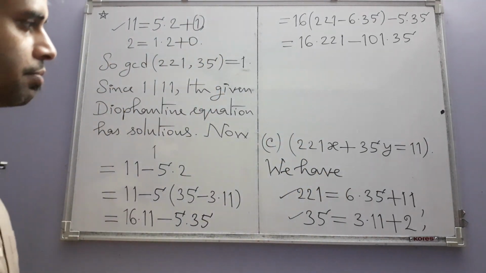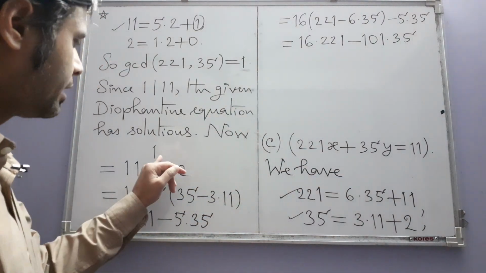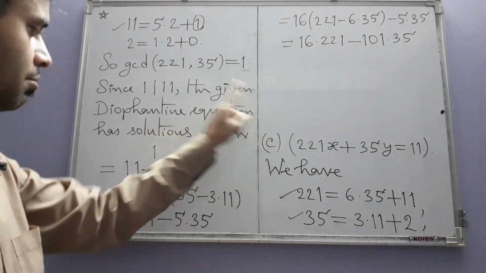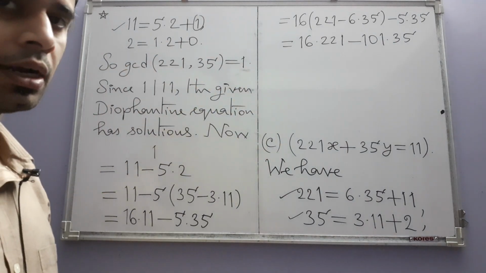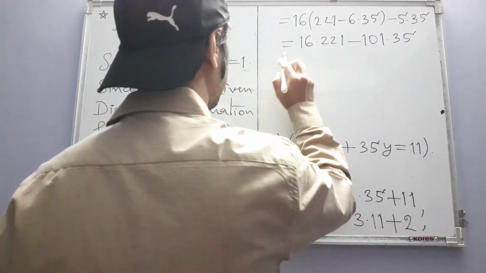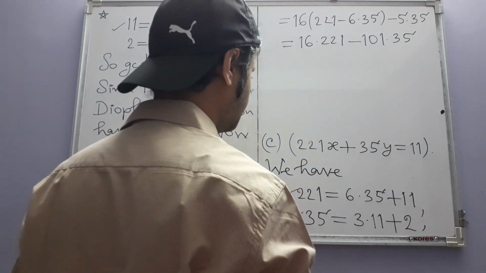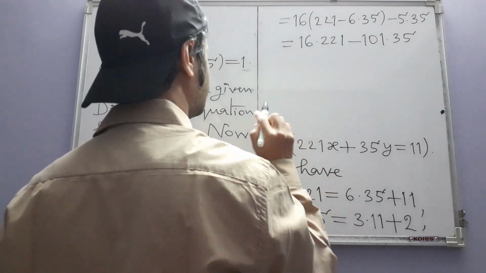Okay, now this is not quite the equation that we want. We want 11, so we multiply on both sides by 11. That is going to increase the integers even more, I mean their values.